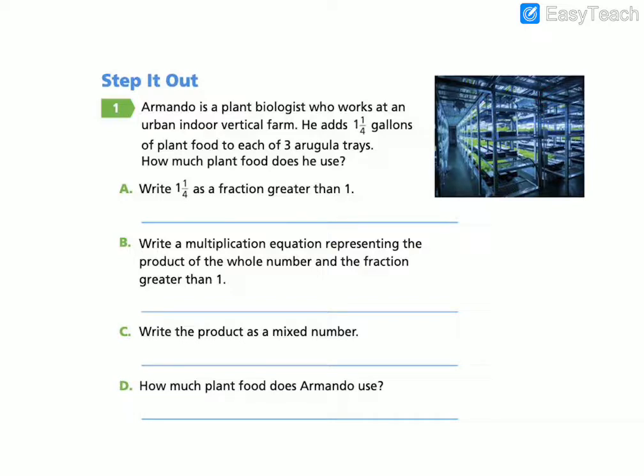All right, so in order to do this, we are going to use a multiplication equation. We know that there's 3 trays, and each tray needs 1 1/4 gallons. For the purpose of this problem, we're going to rewrite 1 1/4 as a fraction greater than 1. I know 1 1/4 is equal to 1 whole, which is written as 4/4, and 1/4.